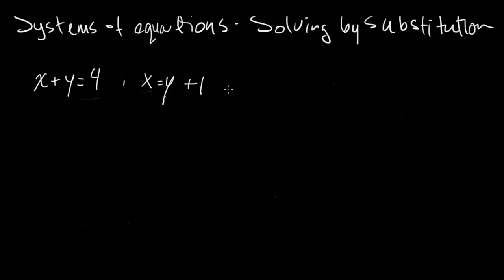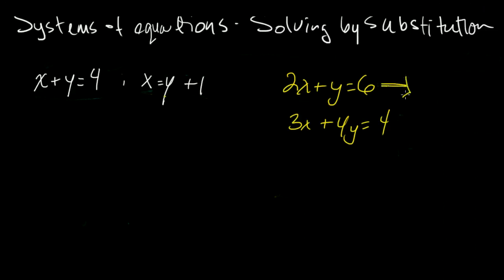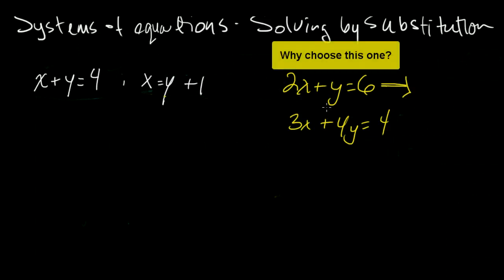That's all pretty easy. What if I had a system of equations, however, that looked like 2x plus y is equal to 6, and my other equation was 3x plus 4y is equal to 4? Well, it's just as easy to take one of our equations, I'm going to choose this one, and solve it for y.